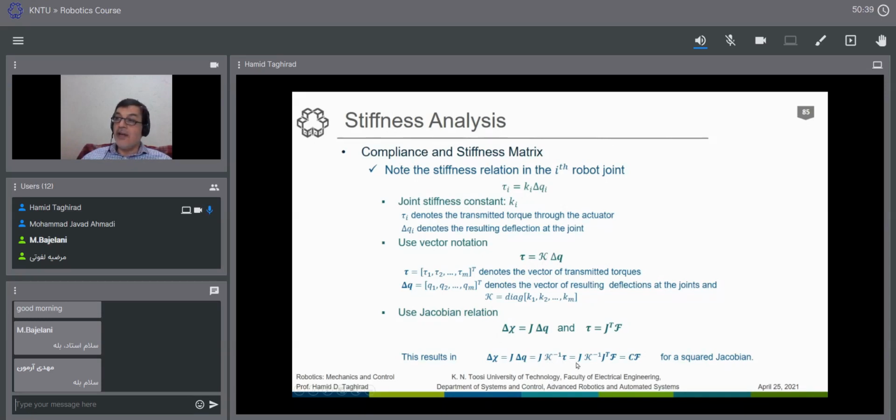Then we have Jacobian K inverse and tau is Jacobian transpose F. So delta x is related to F with the compliance matrix. The compliance matrix is Jacobian K inverse Jacobian transpose, if the Jacobian is square. Otherwise, this inverse is not easily defined.